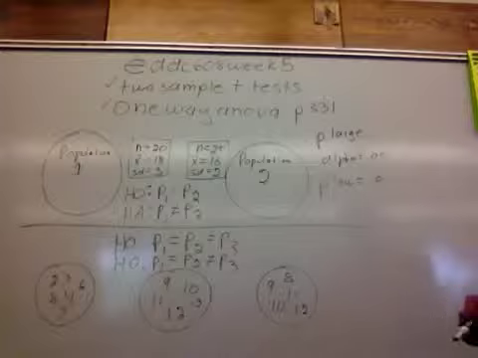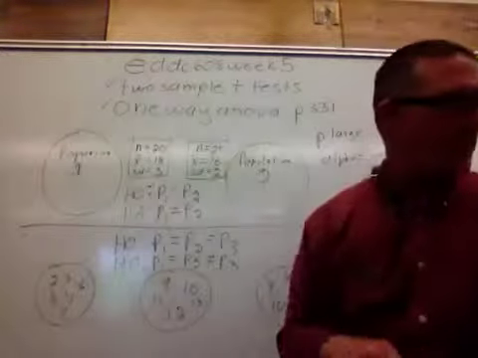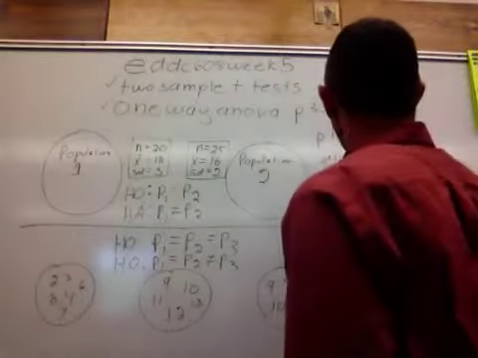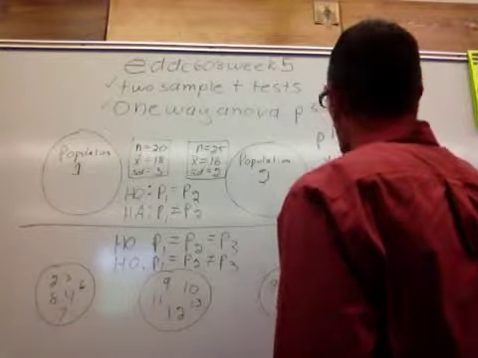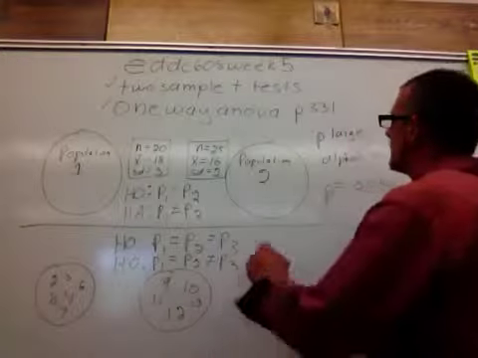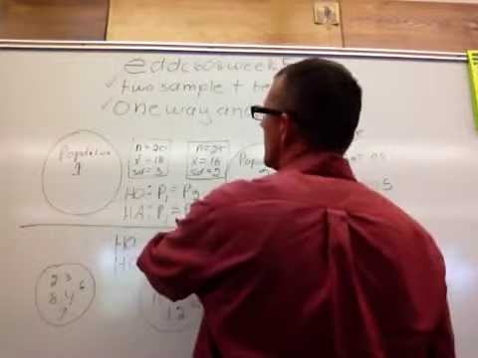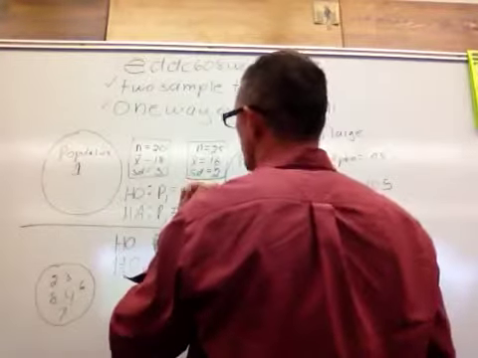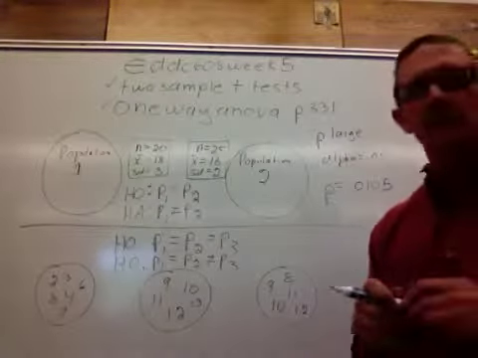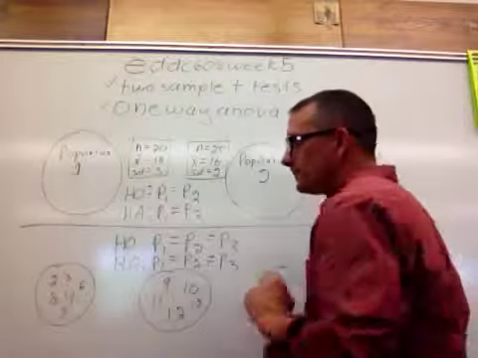In this case, our p-value for these two samples is 0.0105. That means we can reject the null hypothesis that the means of these two populations are the same, based on the samples. That's all you have to do to conduct a two-sample t-test. The calculator is very easy to use. So practice that two-sample t-test with these numbers.